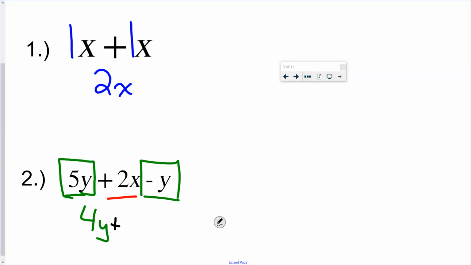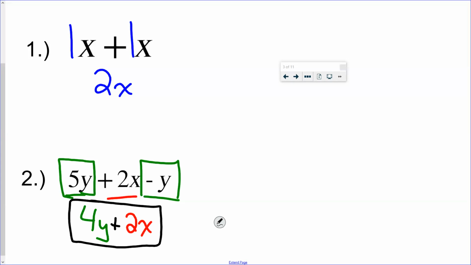And then we're going to go plus, well, does 2x have anything to join with? No, it's fine by itself. So then we're going to go plus 2x. And then 4y and 2x, again, here I used some colors. They are not the same, so we're not going to combine them, and this is actually our final answer.